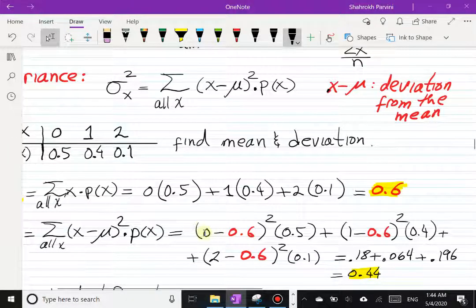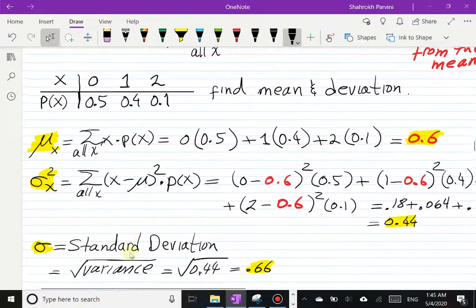That's the deviation of 0 from the mean. Negative 0.6 means it's 0.6 units below it. And then you square it times probability. You do that for the next one and the next one. And of course, you do the arithmetic of this, right? Negative 0.6 squared, that's 0.36 times 0.5, you get 0.18, and so on. So the variance turns out to be 0.44.